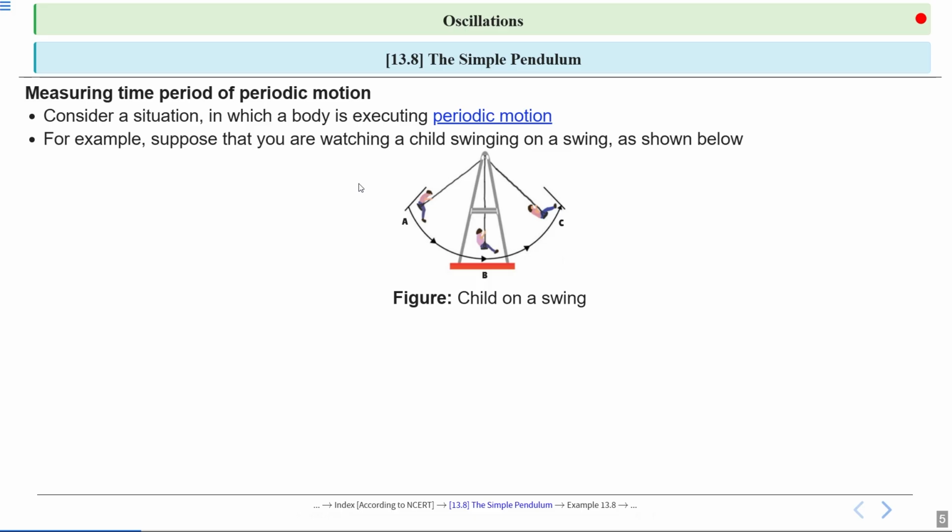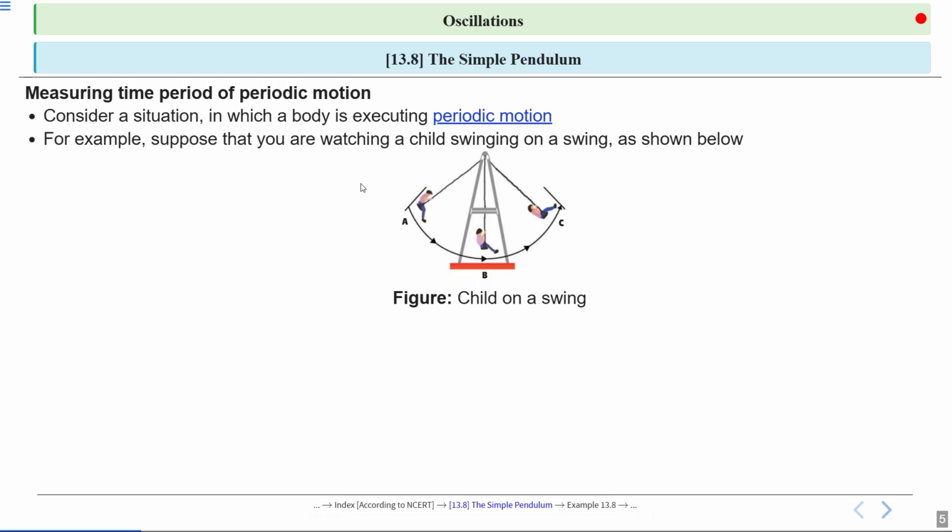For example, let's look at a familiar example: a child swinging on a swing. Look at the figure. The swing moves back and forth in a regular pattern from A to B, B to C, then again repeats C to B, B to A.